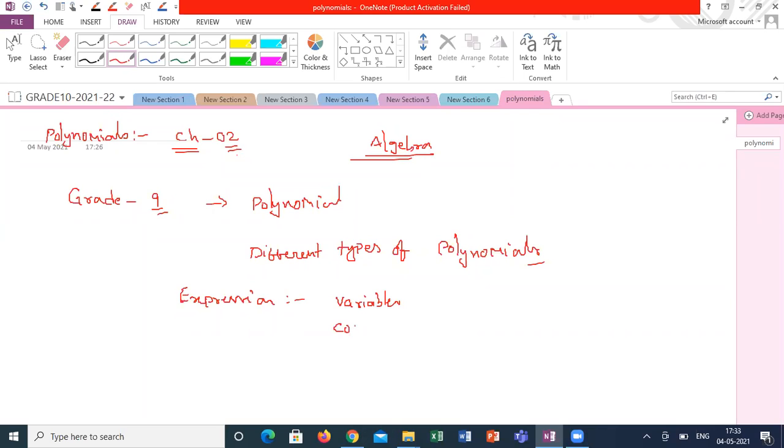Those coefficients are called literal coefficients, combined with arithmetic operators, correct? If an equality symbol is there between the terms, then we call it an algebraic equation. If it is not equal to anything, then it is called an algebraic expression, correct?